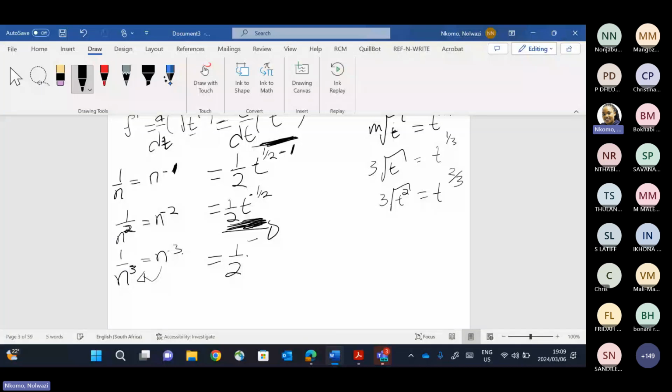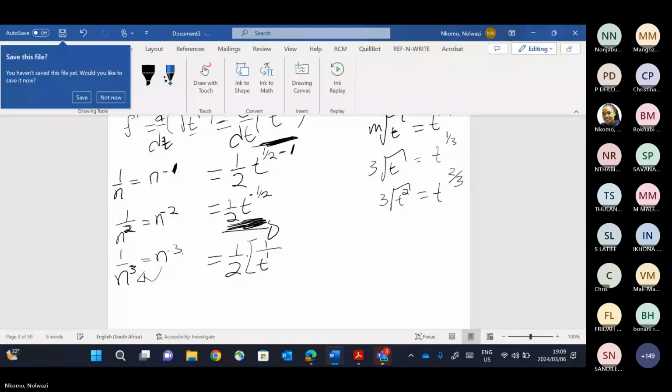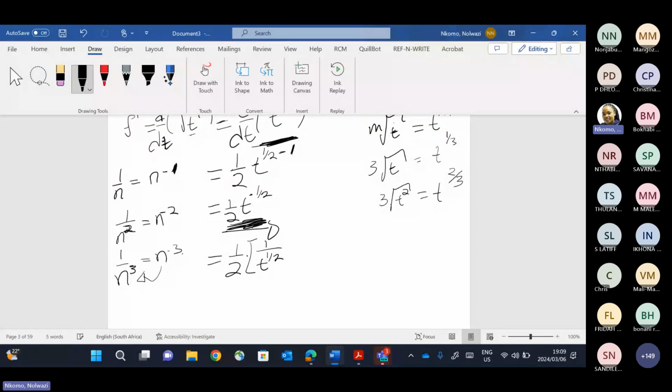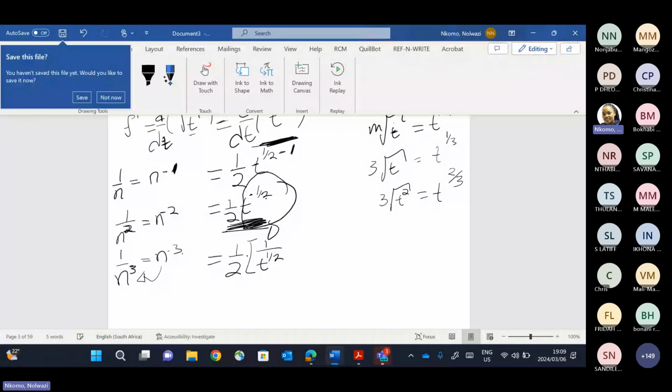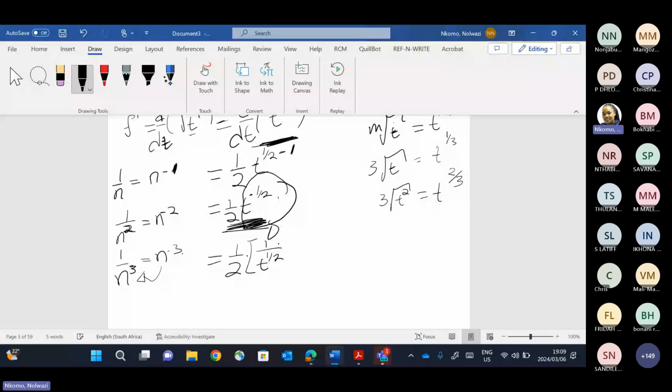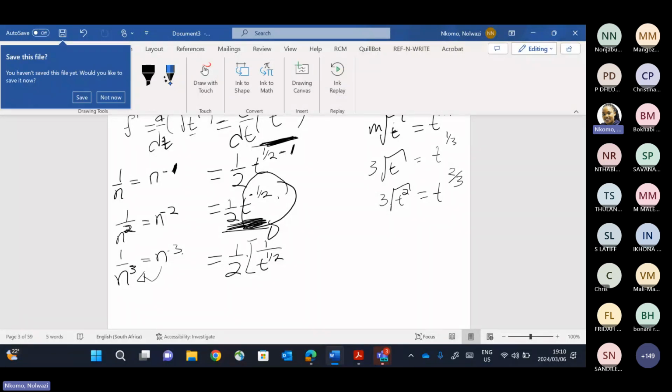1 over t to the power half, this part. We have t to the power minus half, and if the power is minus half, you take everything and divide, like you say 1 divided by that function, but you make the power positive when you put it as the denominator. Yes, so that's why we have something like this, right?